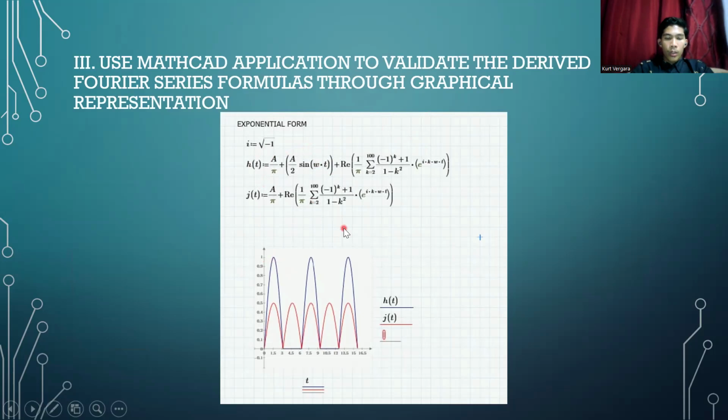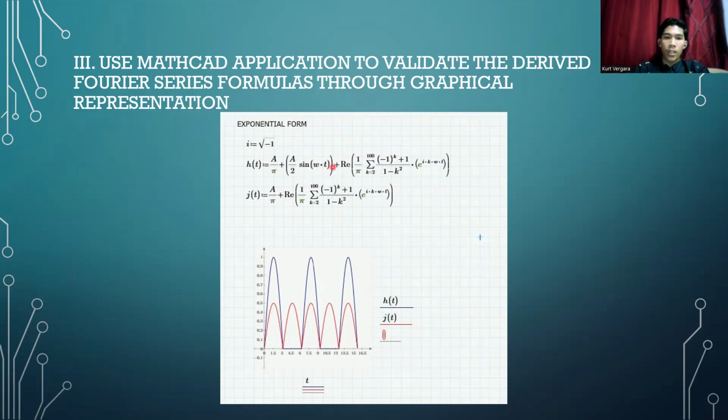Additionally, in graphing the half-wave rectifier, we add this expression, A halves sine omega t, because half-wave rectification does not remove the fundamental sine component. Even though the waveform is distorted, it still oscillates once per second, and the sine is very important.